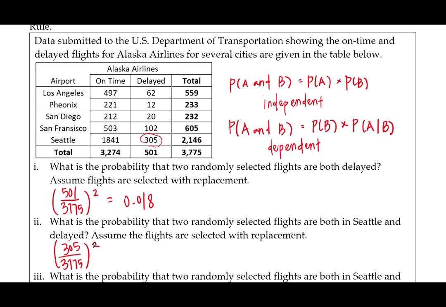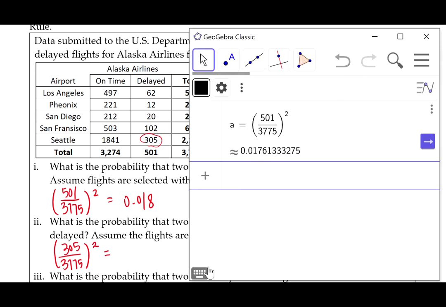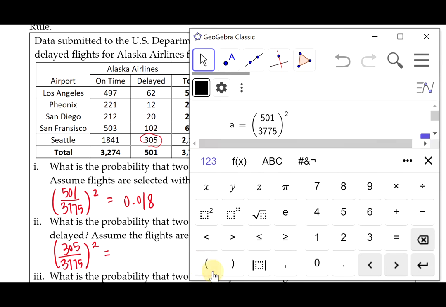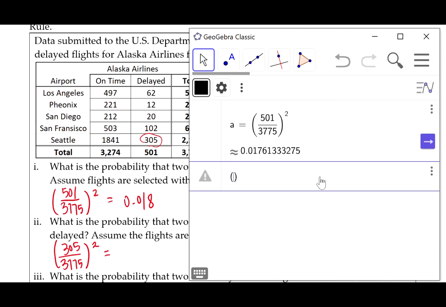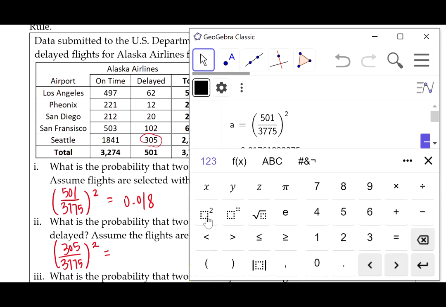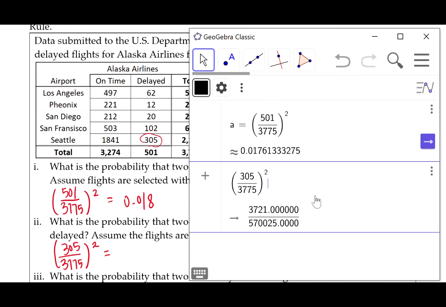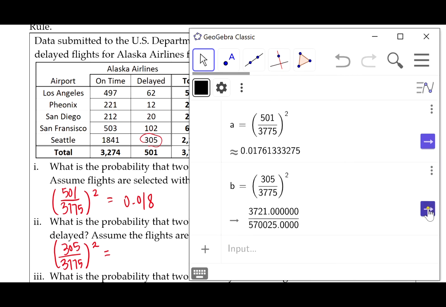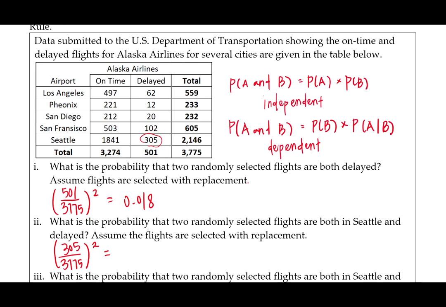So again, I can just square this fraction to give me the probability of this compound event. So this time we will calculate 305 divided by 3775, and we will square that, and then we will convert it to a decimal, and we get 0.007 rounded to 3 decimal places.